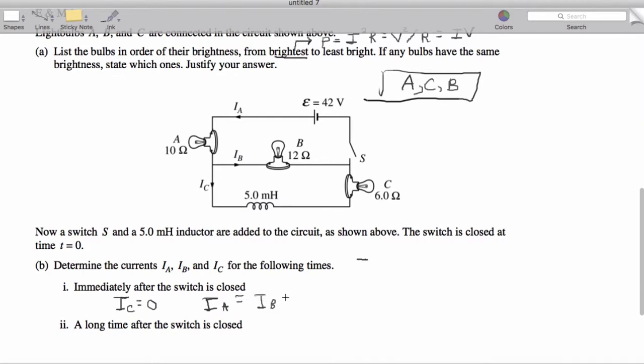And that's going to equal 42 divided by the combined resistance, which is 10 plus 12. And so that's going to give us 1.91 amps. And then a long time after the switch is closed, the inductor now behaves like a wire.